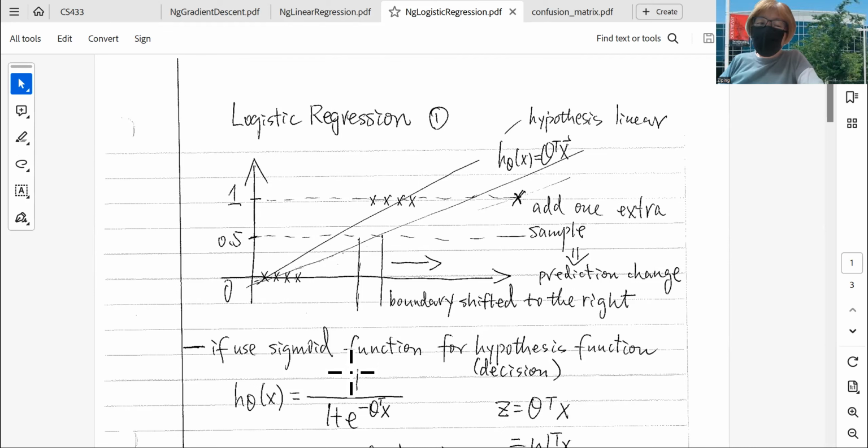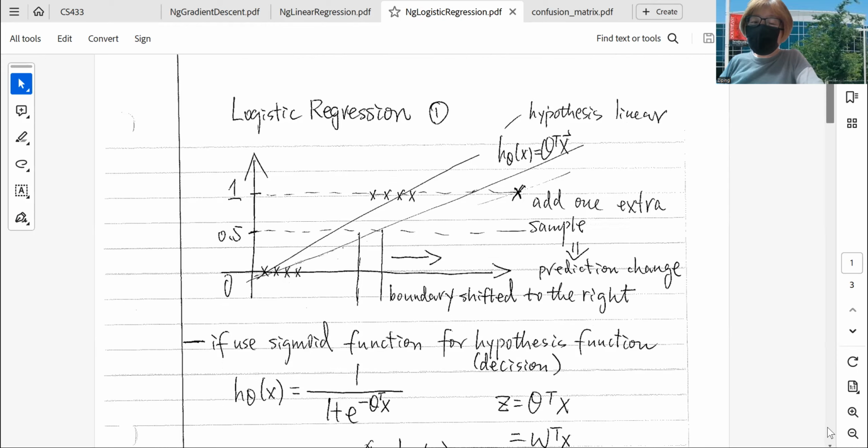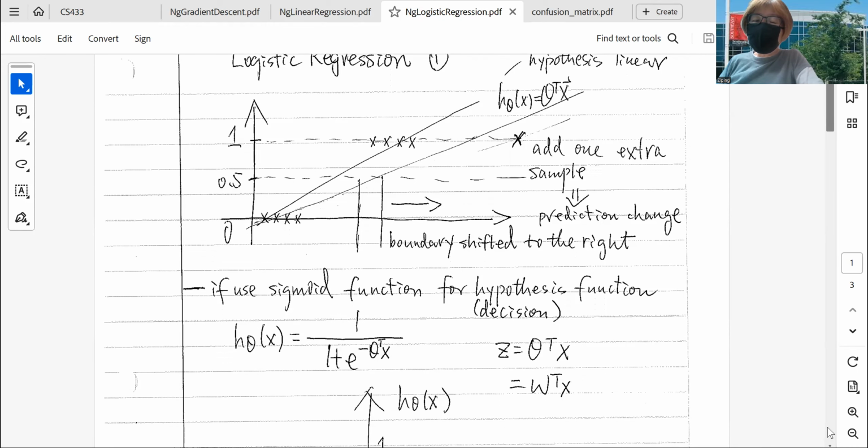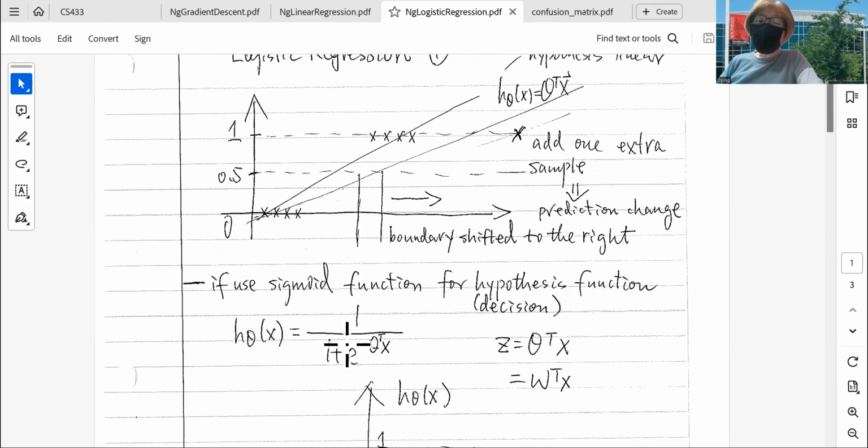So here, the idea is, for the decision function, or we call it the hypothesis function, we change it to the sigmoid function. The sigmoid function is used a lot in machine learning. If we change the hypothesis, the decision function, to this format, 1 over 1 plus e to the negative theta times x.